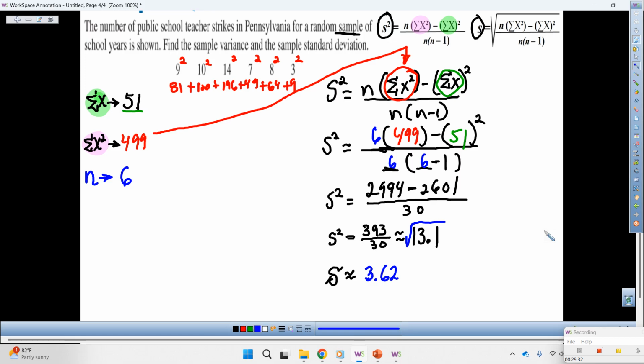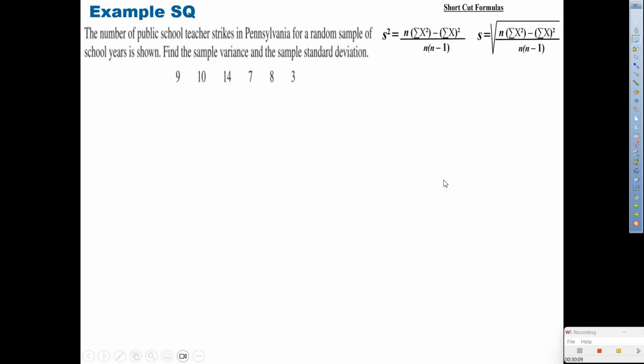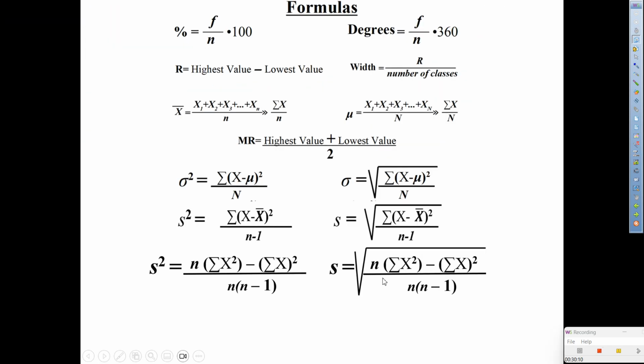All right, so how comfortable are you with the shortcut formula from 1 to 5? Yeah, 5. And if you notice, pretty much everything's just calculator and computation, yes? Pretty straightforward? Yes, Mr. Q. All right, good. So do me a favor, go to the end of your notebook and copy the last two formulas onto there, please.